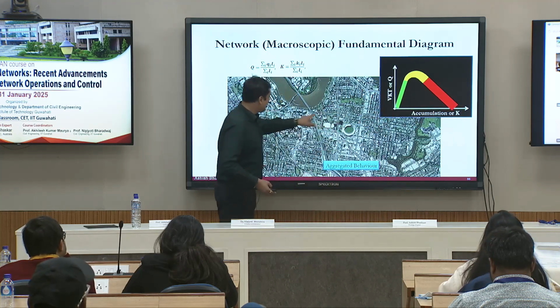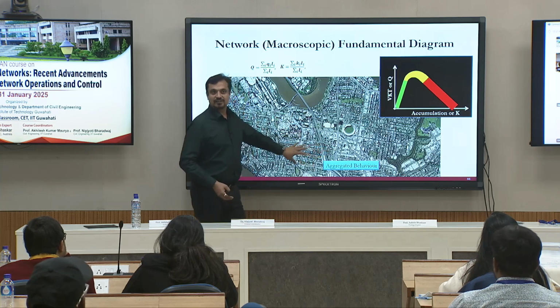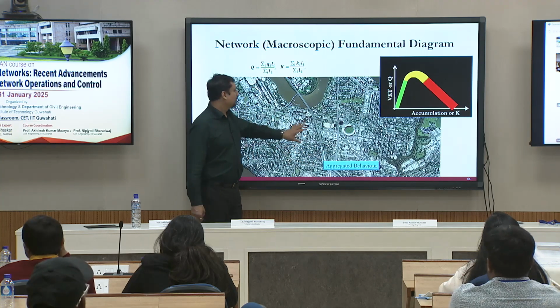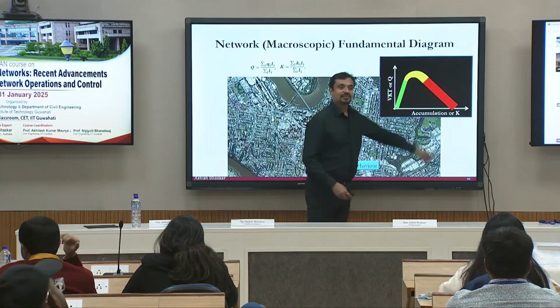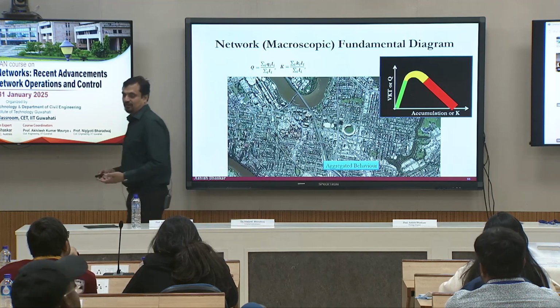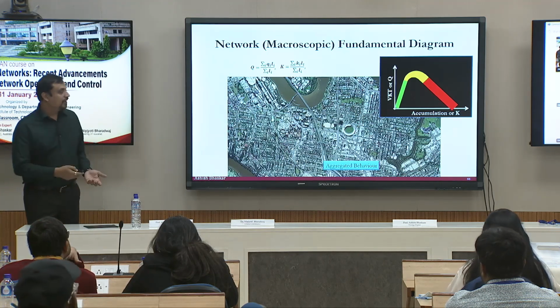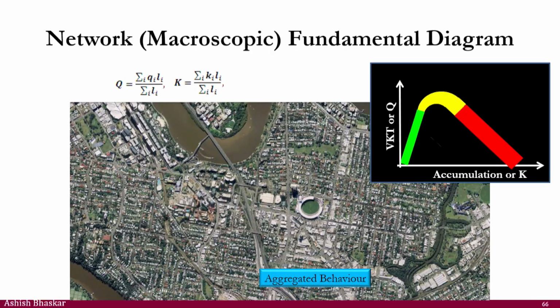So let's say this is an area I want to look at, and it has some similarities, the densities are quite consistent. You'll get a shape like this. That was a concept introduced a couple of years back, where we call this a network fundamental diagram or the macroscopic fundamental diagram. So if I have different links, different sections, I continue accumulating them, get the accumulated density and accumulated speed, and we get that shape.